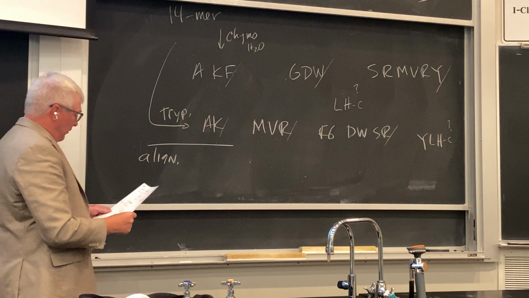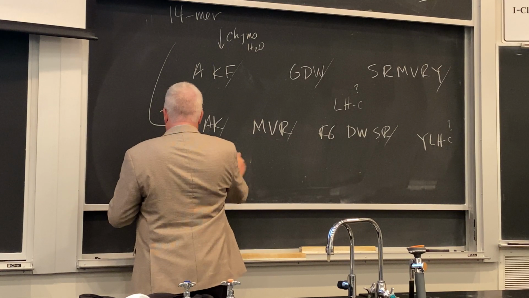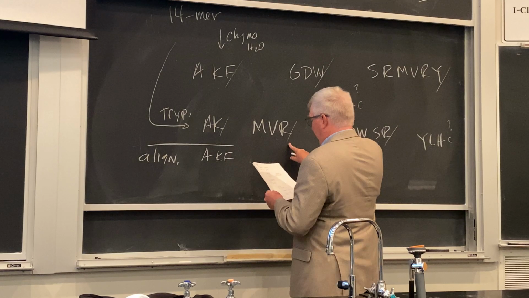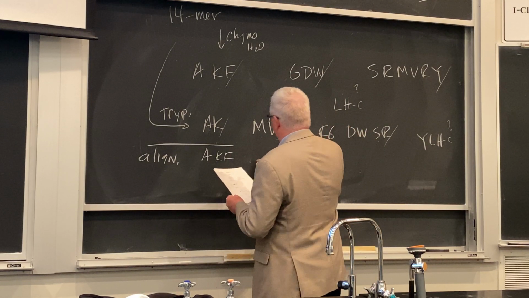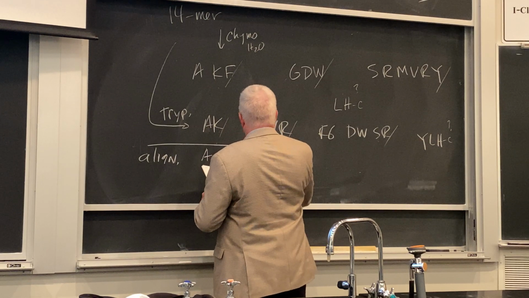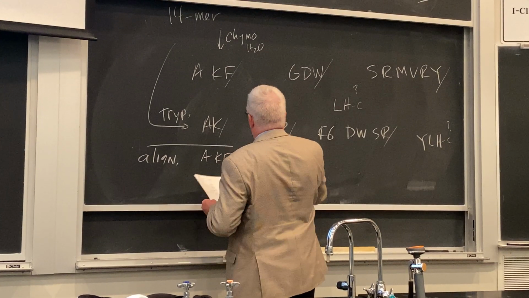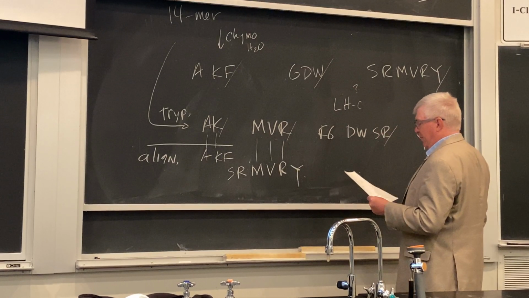So how are we going to do this? Well, we've got AKF right there. And then we've got, let's see, MVR. I think I've got that one right. We've got a bigger piece, which was what? SRMVRY, right? It's lining up right there. So those fragments all line up.